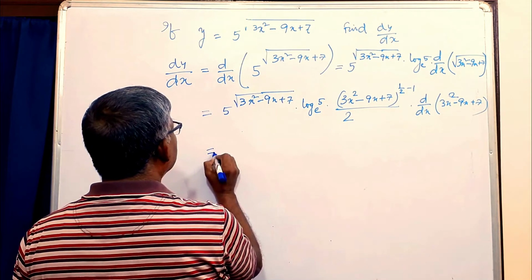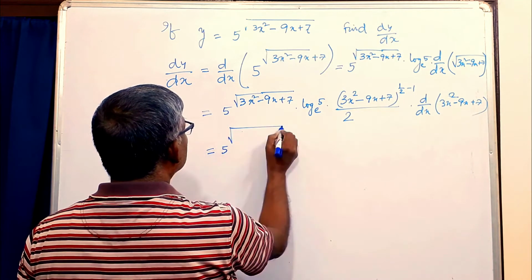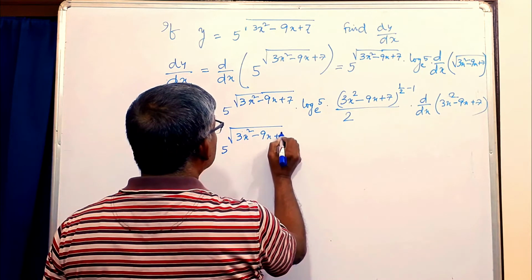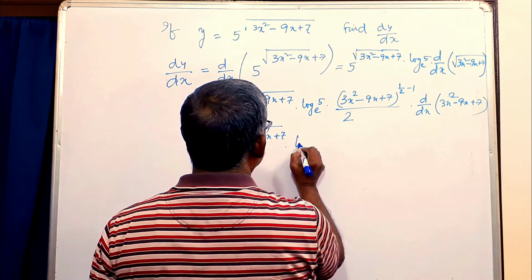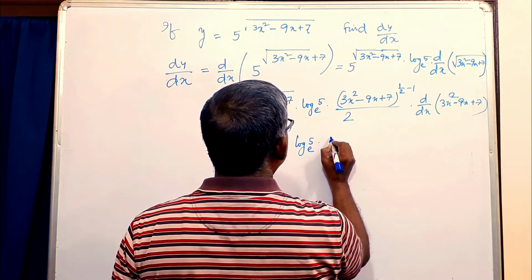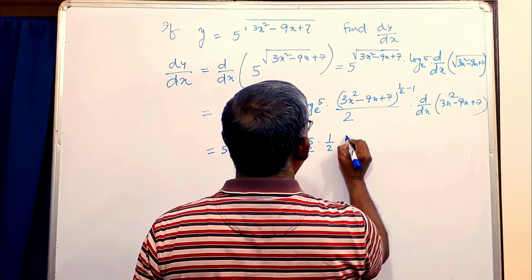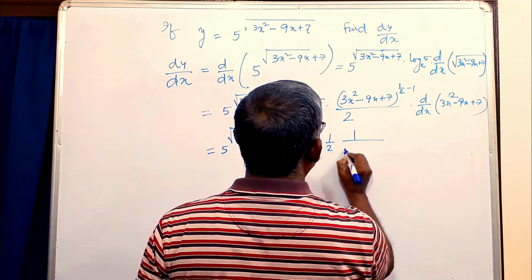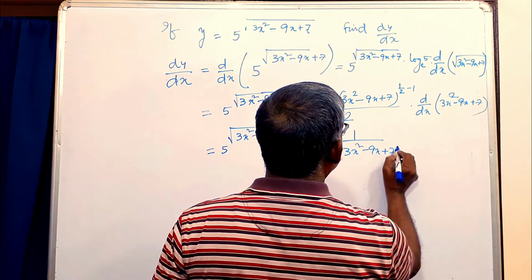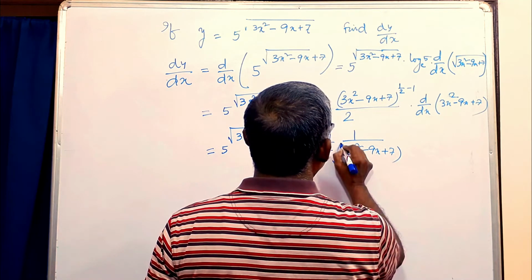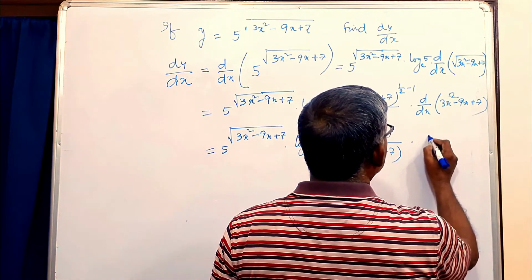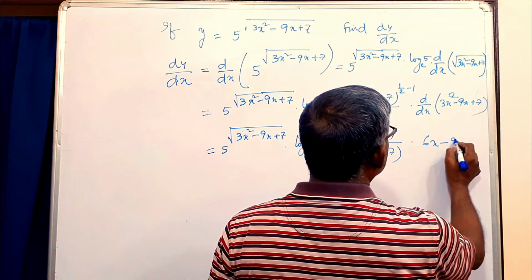So you get it, here is a square root, and from this you get 6x minus 9.